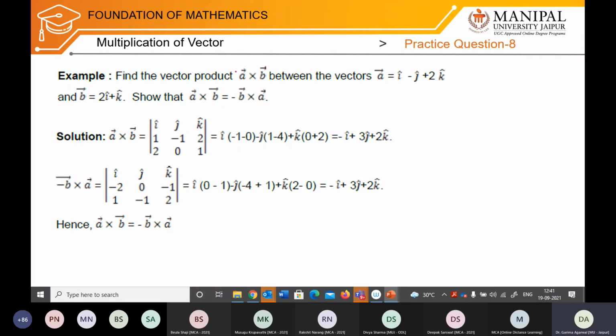Here we prove that a cross b is equal to minus b cross a. First of all, we find a cross b, then we find minus b cross a, and both values are the same. So we can say that this cross multiplication is not commutative.